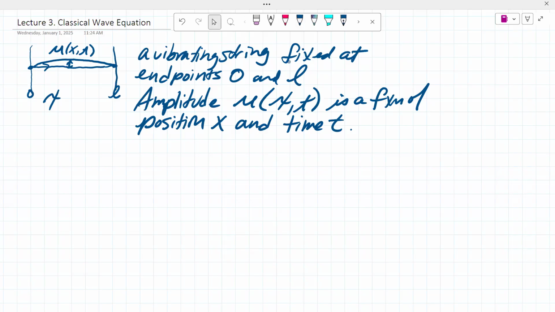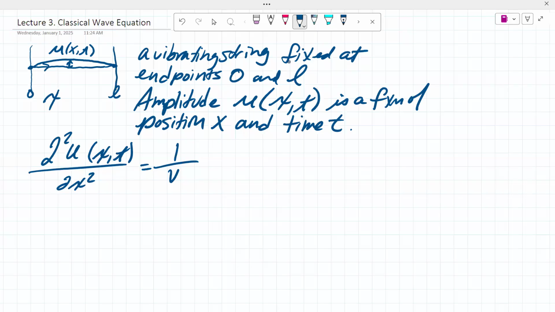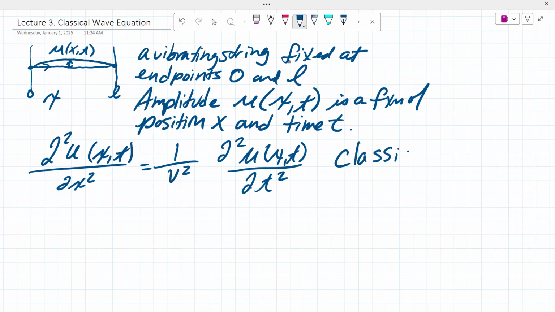The second derivative of u of x and t over dx squared equals 1 over v squared times the second derivative of u of x and t over dt squared. This is the classical wave equation.